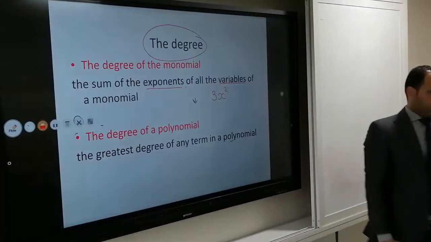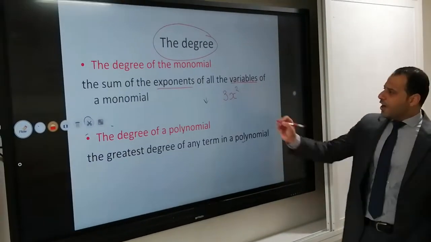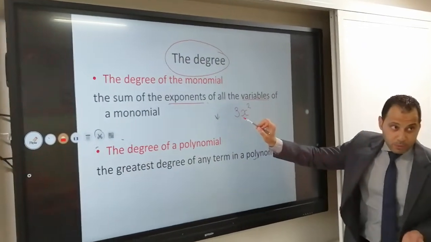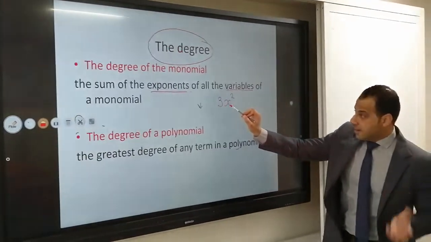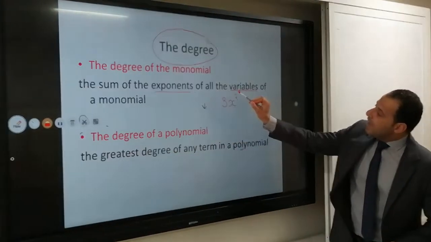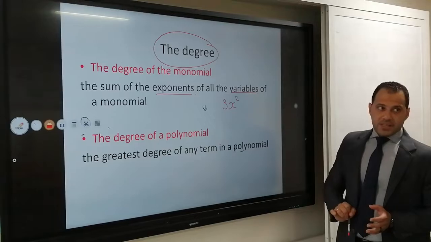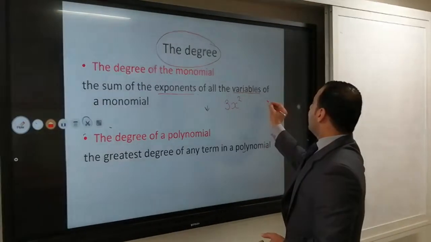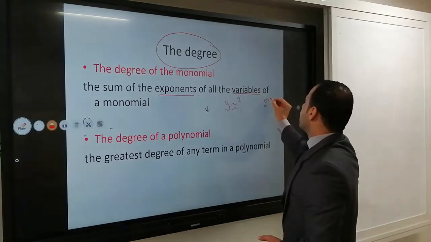What is a variable here? Yes, the variable is x. This is not a variable. This is a constant, a number. What is the power of x? The power of x is 2. So the degree here is second degree.